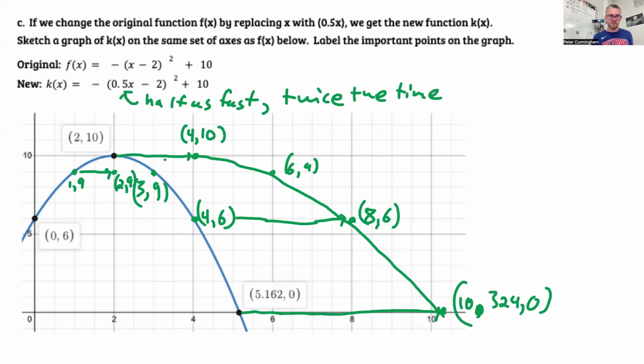I know it's getting a little crowded in there. And then 0, double 0. Well, you're not going to double 0, right? You just have 0.